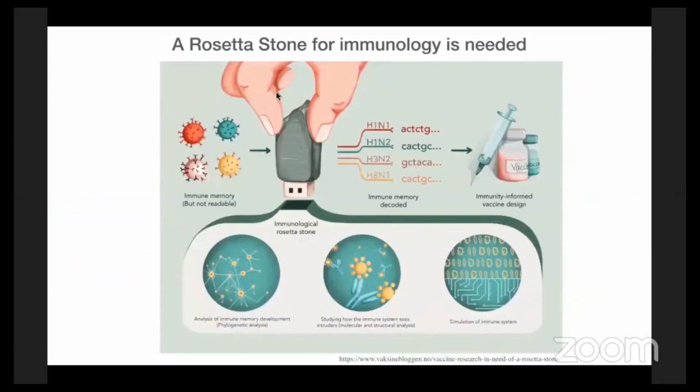So what we actually need is a Rosetta Stone for immunology, where to each immune cell we could unambiguously attribute the antigen. Here, this was pre-pandemic, this was for a blog post, and here we would like to, for example, link an immune receptor sequence to a given flu strain. If this could be possible just by sequencing and then machine learning, that would be a huge advance.